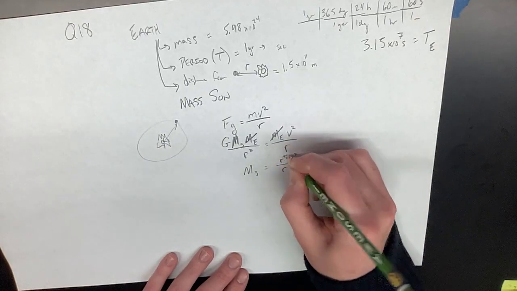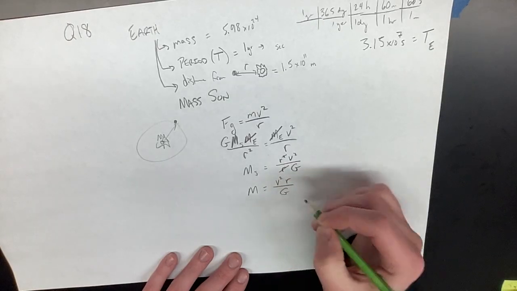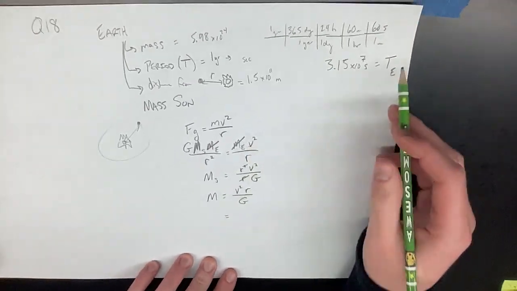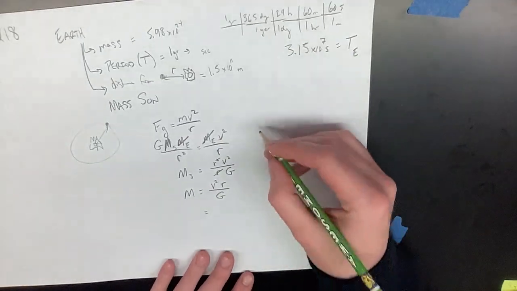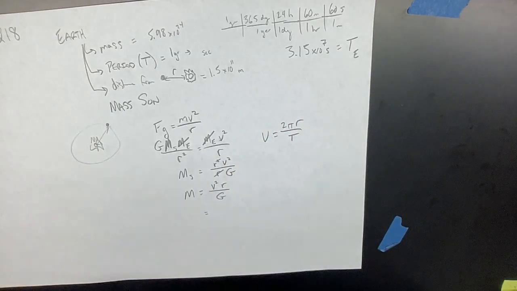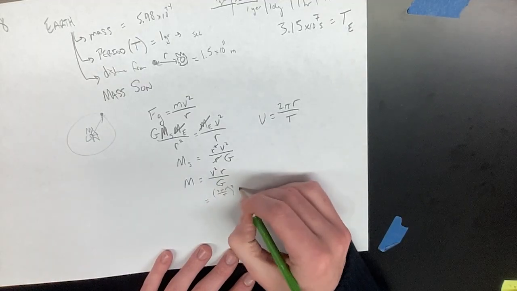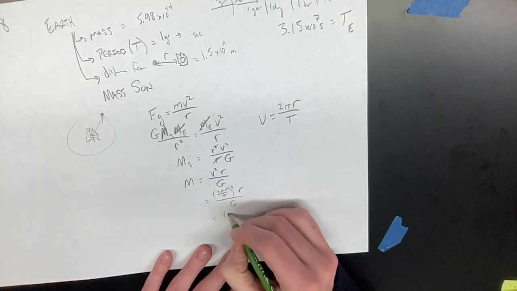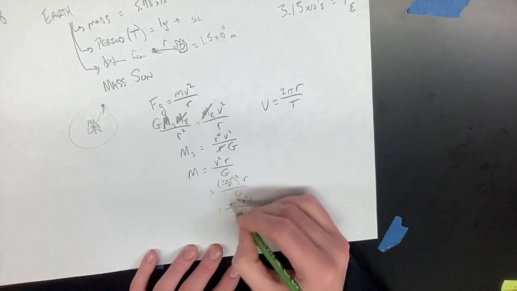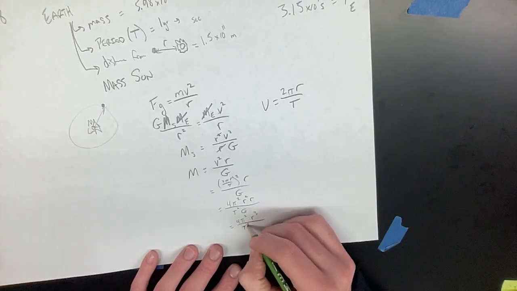One of these radii is going to cancel. v squared r over G. Oh, but I don't have v numbers, I have T numbers, so I need to do a quick plug-in. v equals 2 pi r over T. So 2 pi r over T squared, r over G, 4 pi squared r over G over T squared, 4 pi squared r cubed over T squared G.